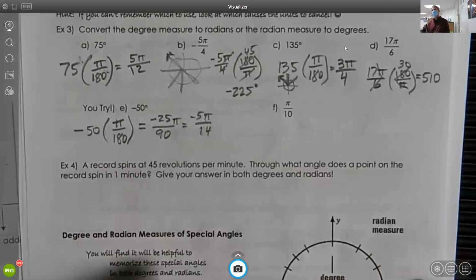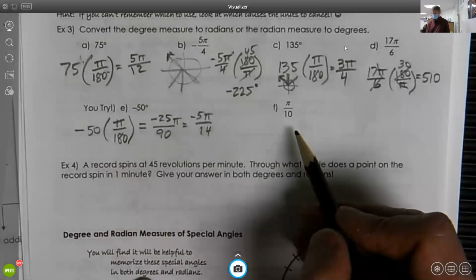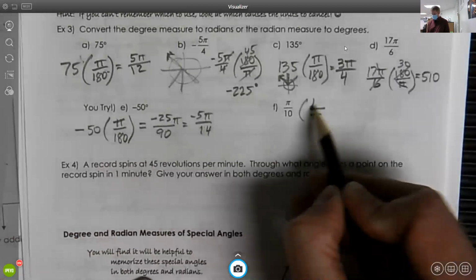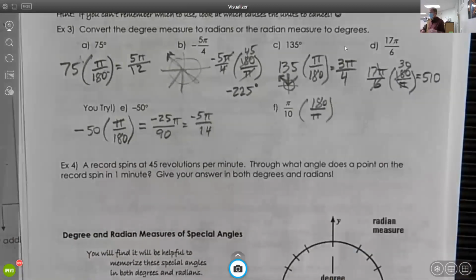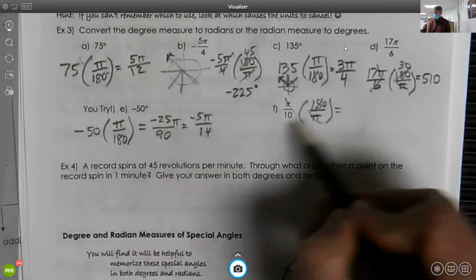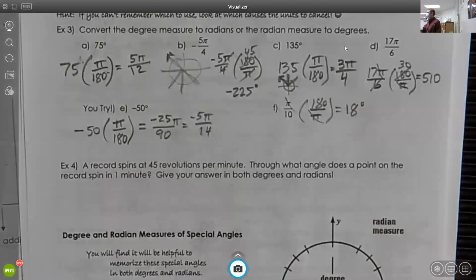Pi over 10. This is not normally listed on the unit circle either. So we're going to multiply by 180 divided by pi, because we want the pi's to cross out. And 10 goes into that 18 times. So it's 18 degrees.